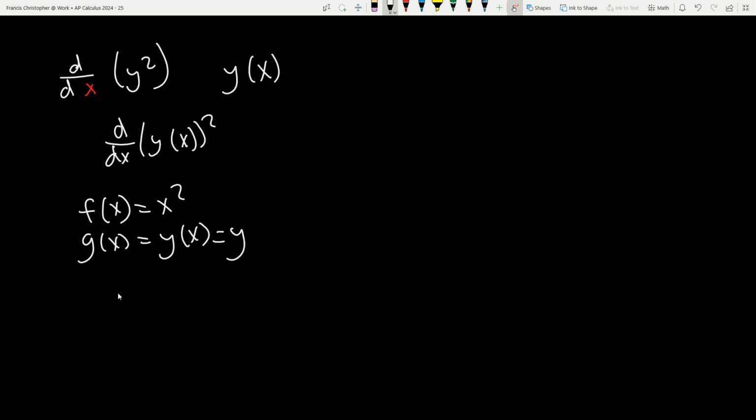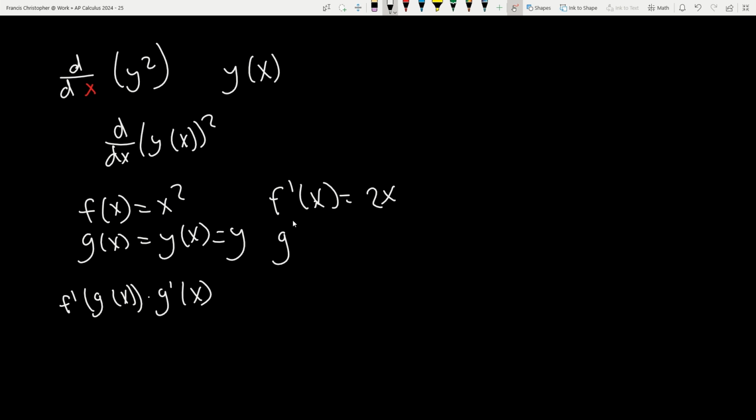And recalling chain rule from last video, which we spent 35 minutes on, let's just see what we get here. So f prime of x is going to be, by power rule, 2x. And g prime of x, well, what is g prime of x? So I'm going to write it up here. g of x equals y of x. Now we're going to take the derivative with respect to x on both sides.